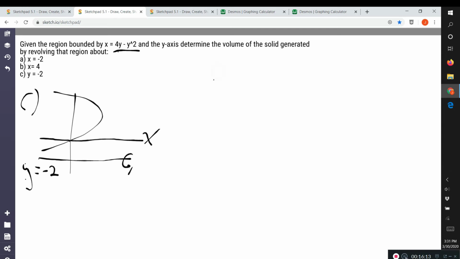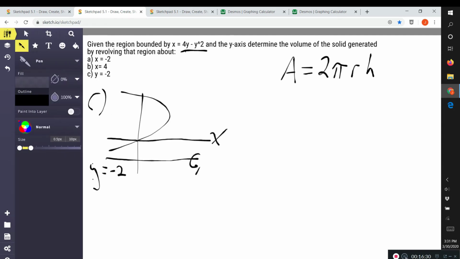So the area formula for the shell method is always 2 pi r h. H being the height of a cylinder of the object, and r being the radius from the axis of rotation. So if I visualize a cylinder here, I'm going to put it in a different color.